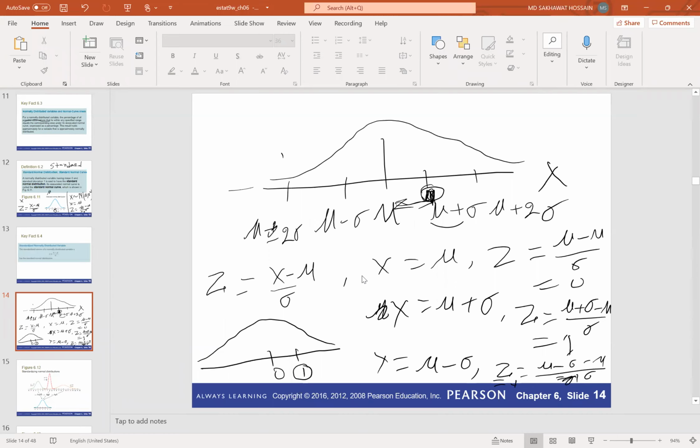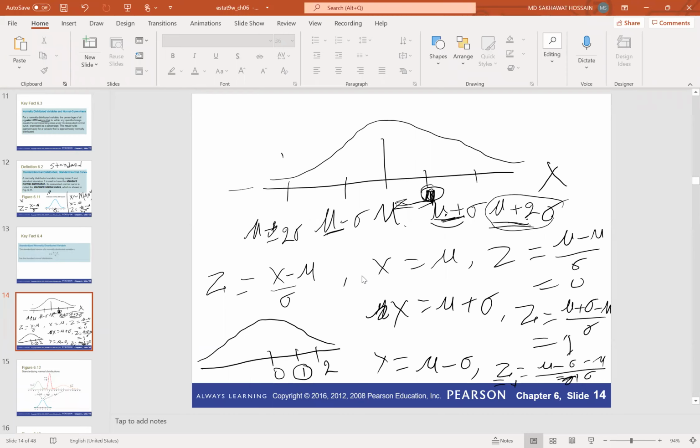Actually, the z score represents how many standard deviations away from the mean that value is. That's why we have 1 corresponding to this value. And similarly, if you calculate this one, you will find 2, which means this is 2 standard deviations away from the mean. So the z score represents how many standard deviations away from the mean that value is.